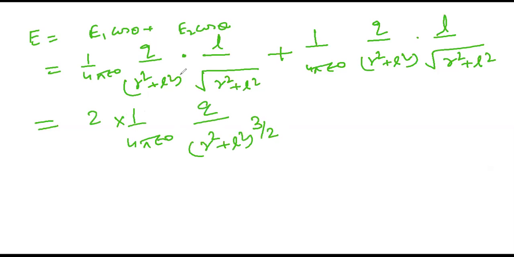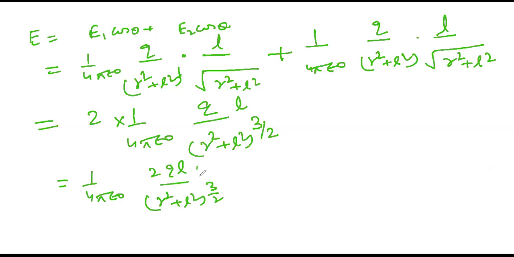Power 1 is here and this is 1 by 2. So 1 plus 1 by 2 is 3 by 2. L will be here. So this is 1 by 4 pi epsilon naught 2qL upon. What is the value of 2qL? P. Write there P.